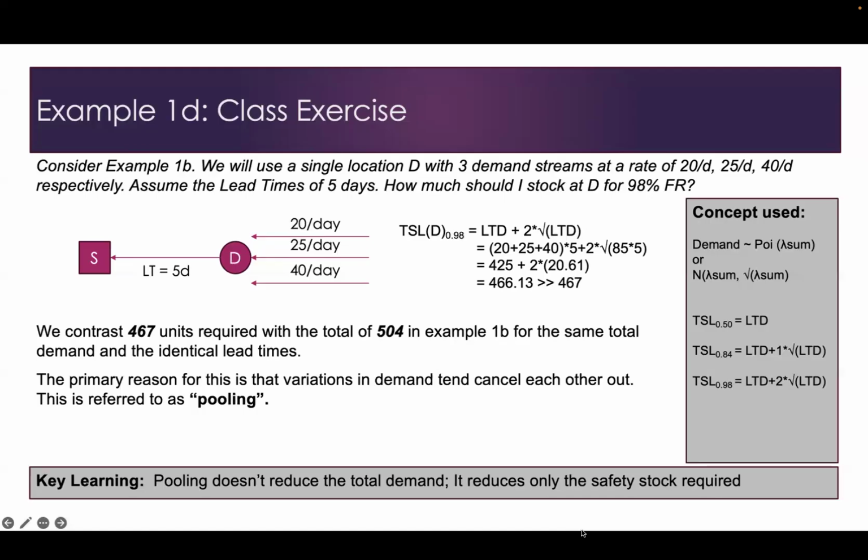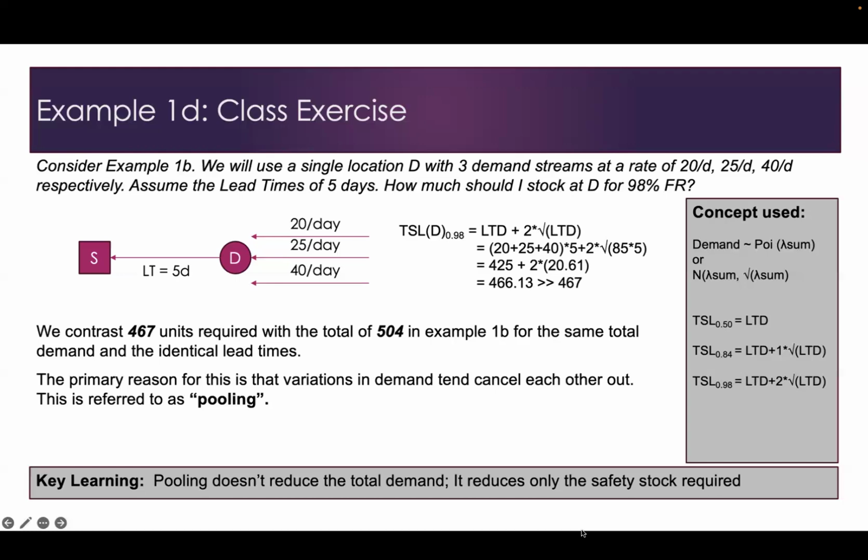And that's one of the benefits of using MEIO, when you have a location which is supporting maybe 500 sites, then you try to bring all of those demands in together because they tend to cancel each other out, if that makes sense.